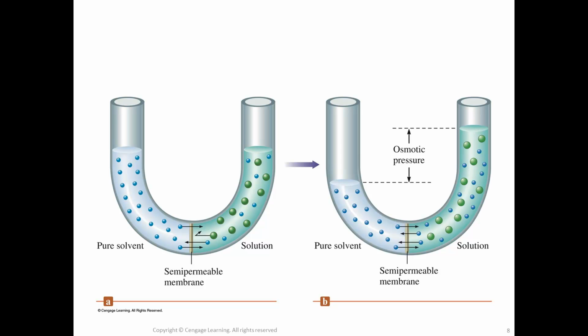When cells are exposed to hypotonic solutions, where the osmotic pressure of the solution is less than the osmotic pressure of the cell, we get cell rupturing from water flowing in. This is known as hemolysis.